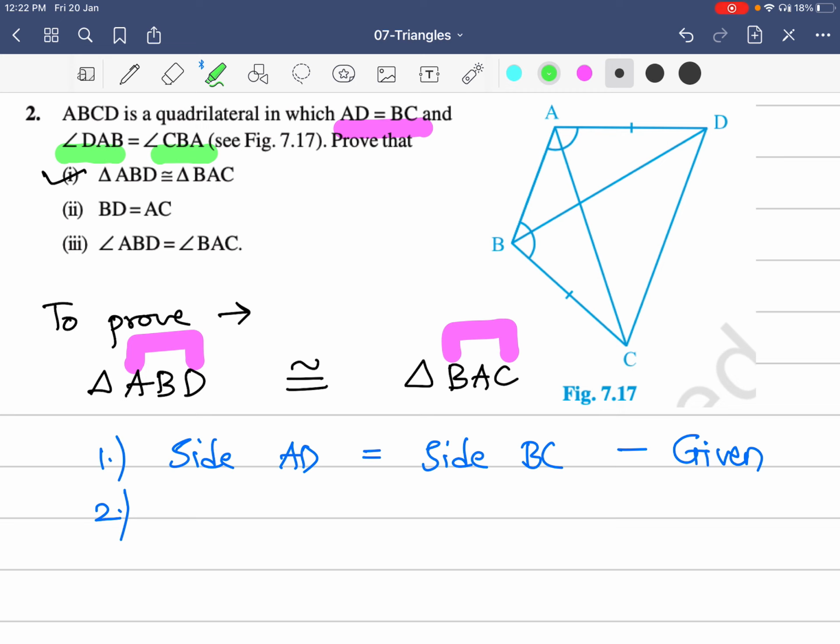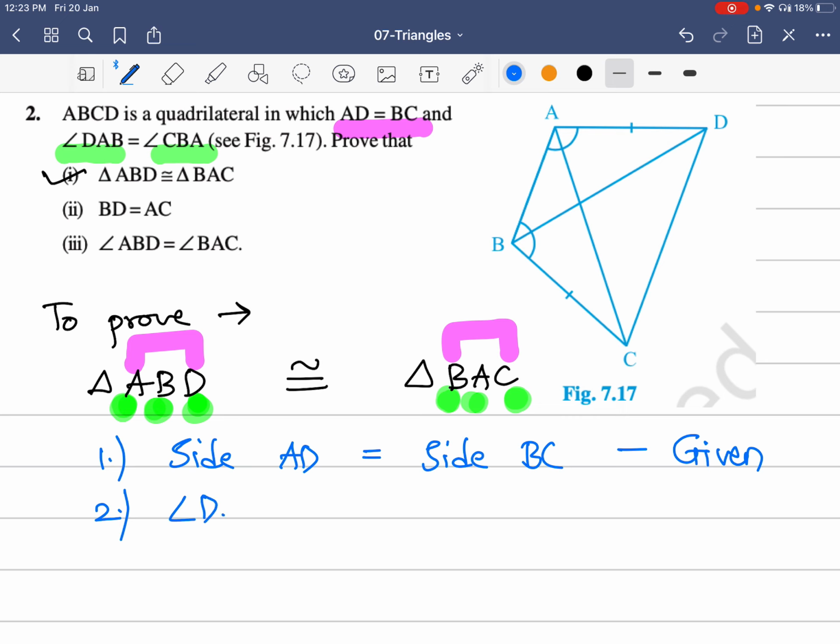So DAB and CBA, the order is followed. Once again, I'll just repeat, sorry, it's so confusing. DAB and CBA, this angle is equal, it's already given to us, so we have to just write it down.